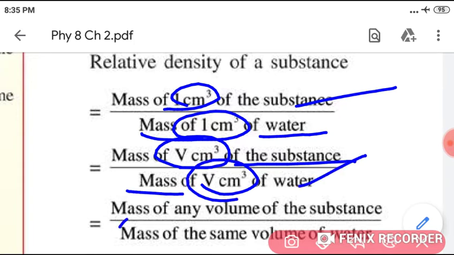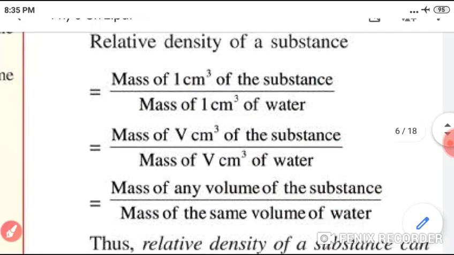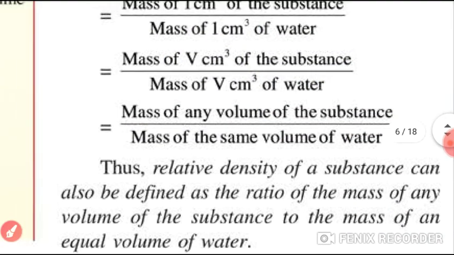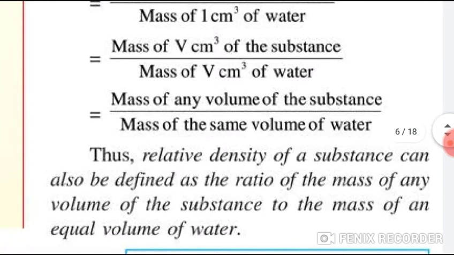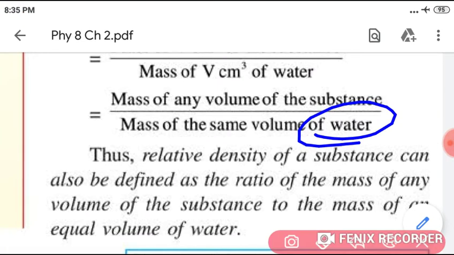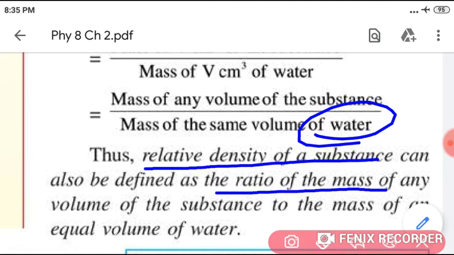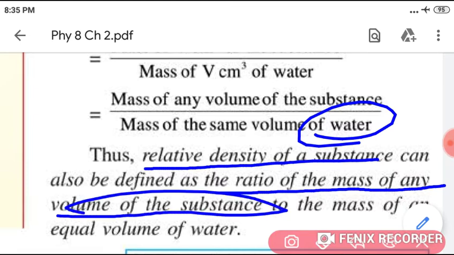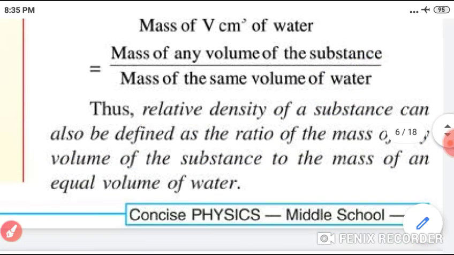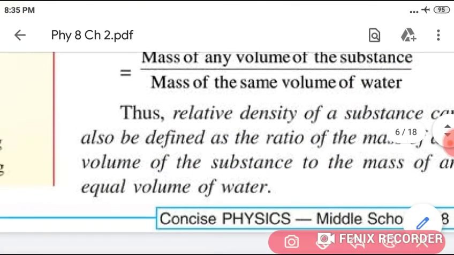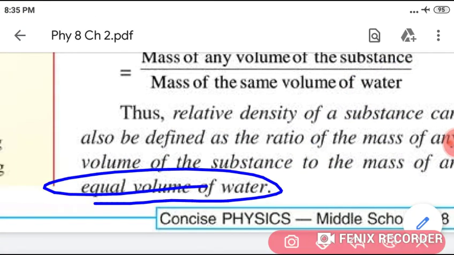That means mass of any volume of the substance divided by the mass of the same volume of water. Thus, we can say that the relative density of a substance is the ratio of the mass of any volume of the substance to the mass of equal volume of water.